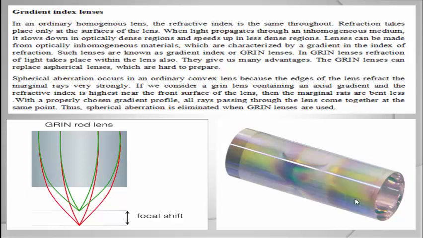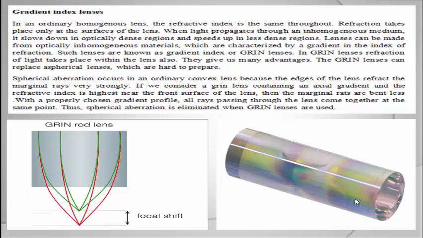Spherical aberration occurs in an ordinary convex lens because the edges of the lens refract the marginal rays very strongly. If we consider a GRIN lens containing an axial gradient and the refractive index is highest near the front surface of the lens, then the marginal rays are bent less.